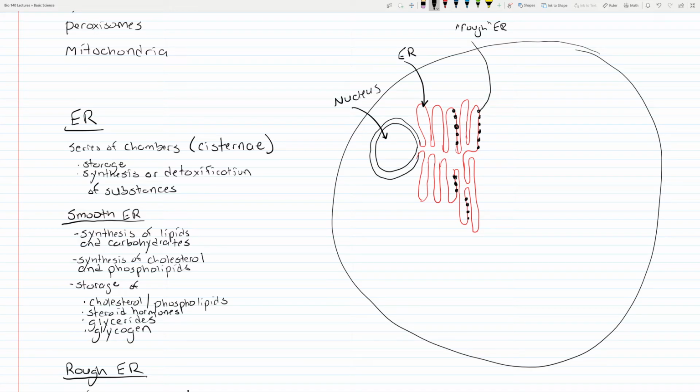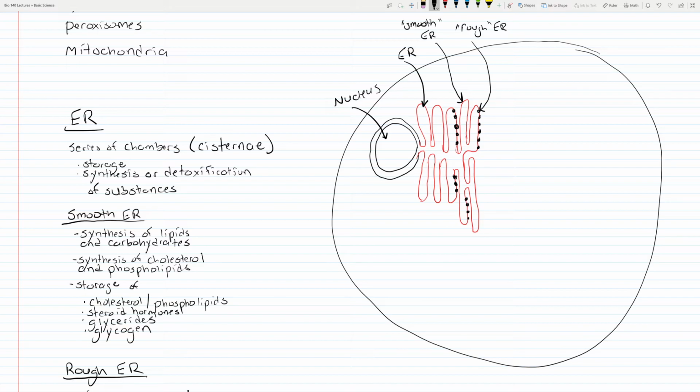These areas right here, that's our rough ER. And then the non-dotted areas are where we don't have our ribosomes. So that's what the endoplasmic reticulum does.